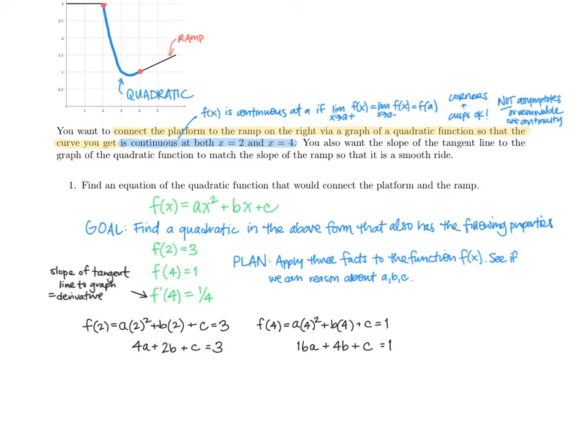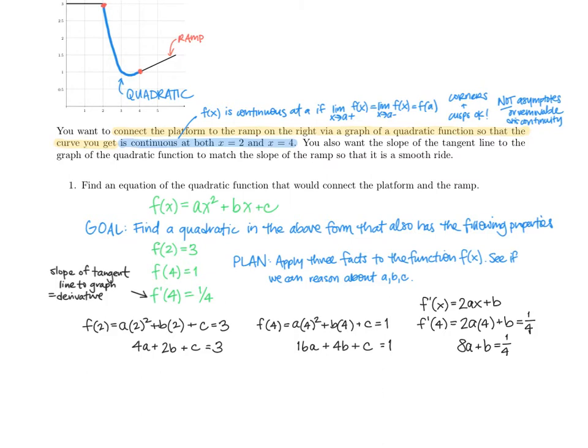All right, I was able to apply that and simplify it down to this expression. And the last piece is that if I take the derivative and evaluate it at x equals 4, I should get 1/4. Now the question becomes, what is the derivative of a quadratic function? Well, we know that the derivative is 2ax plus b. So let's apply this to when x is equal to 4.